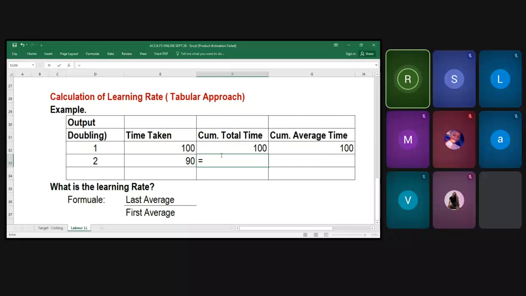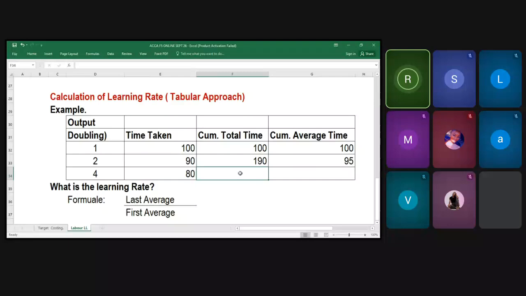Total is a rolling total: previous total plus time taken currently, 190. Then average is 190 divided by number of units, to make it 95. We double from 2 to 4. Time taken to produce the fourth unit is 80.